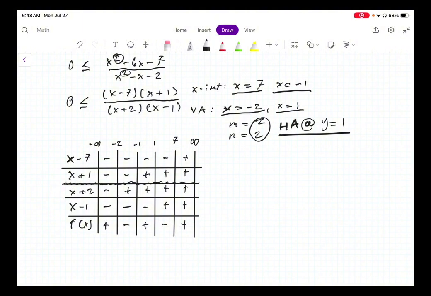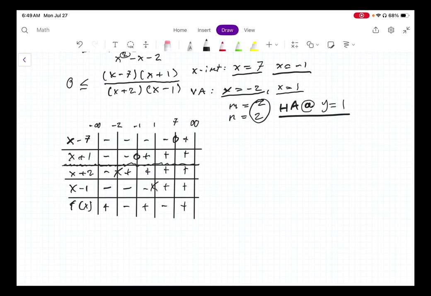Because we already solved that x minus 7 is going to give you a 0 at x is equal to 7, we can just put that in, and the same thing is true for x is equal to negative 1, so we're going to put 0 right there. Although you can put in zeros for the numerator, for the denominator they're actually not going to be zeros, they're going to be asymptotes, so you're going to have to put x's where it changes sign. This is going to be important for when we convert this into interval notation.